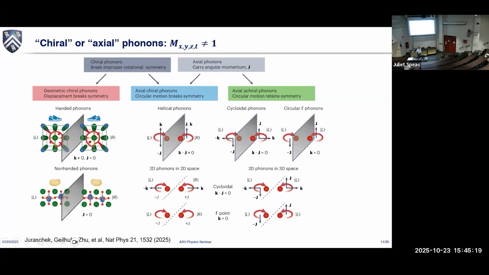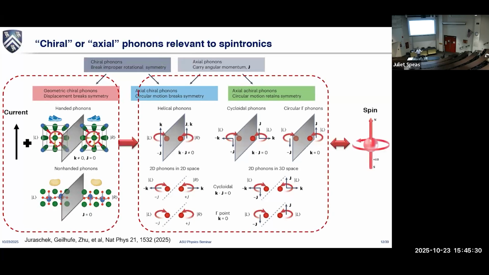So these phonons would couple to, for the importance of this talk, an object that we're interested in for devices, that is electronic spins. If you look at the symmetry of electronic spins, it actually breaks time reversal. And if you imagine it as self-rotating, then it breaks the X and Y mirror.